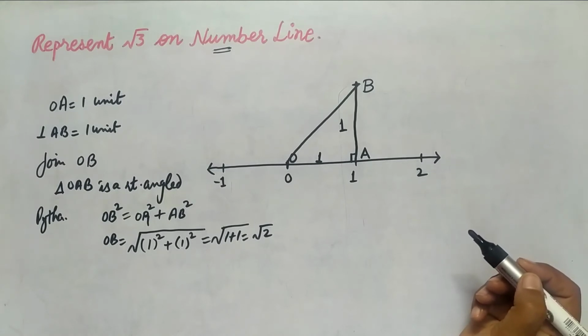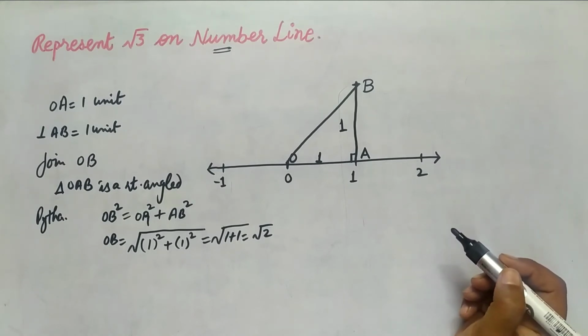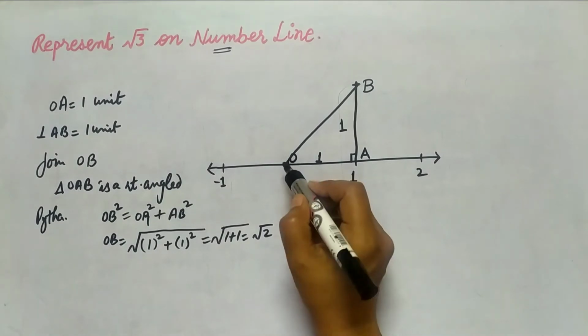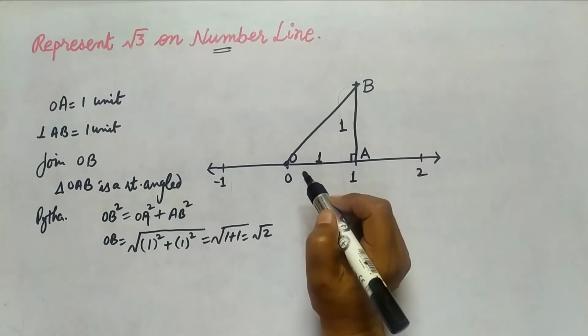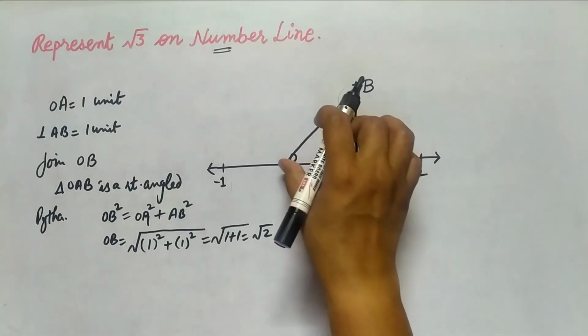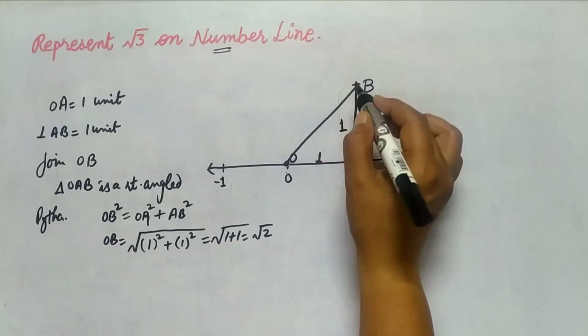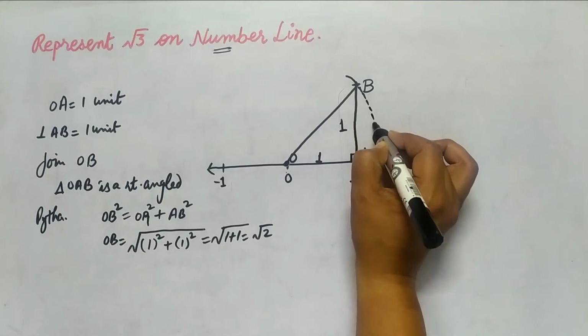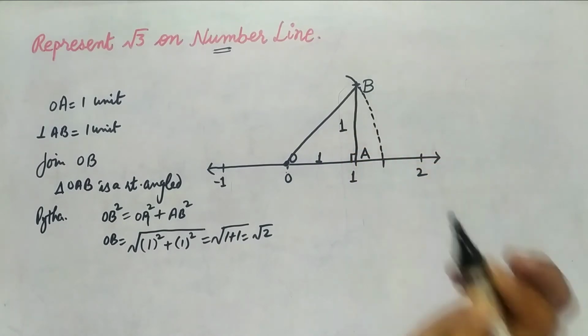Now using compass, we take compass and center as O. We draw from here center O and taking radius OB, this much from here to B, and draw the arc like this on the x-axis here.